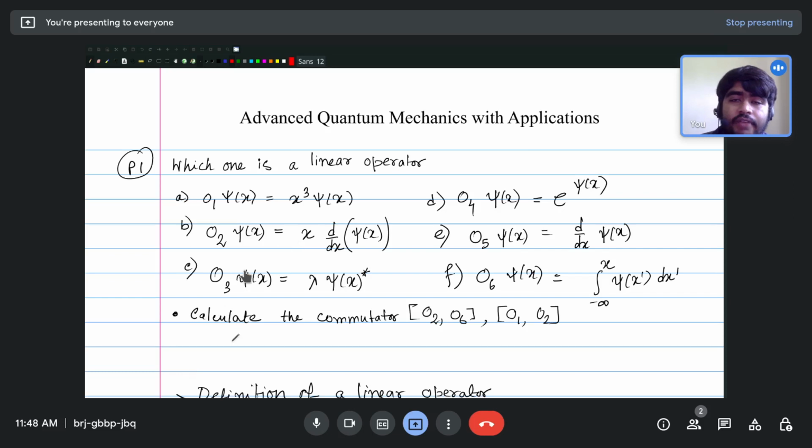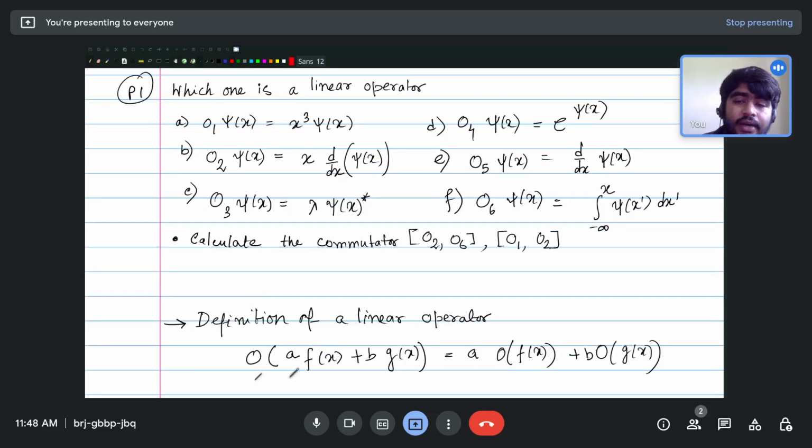The definition of a linear operator is given by this. I have an operator which acts on a linear combination, where a and b are just numbers, and f and g are some functions.